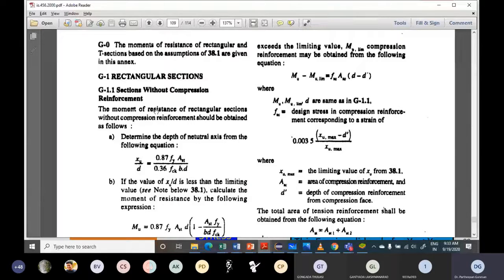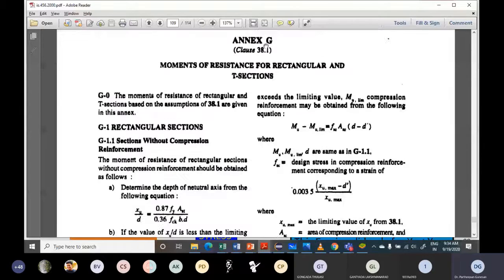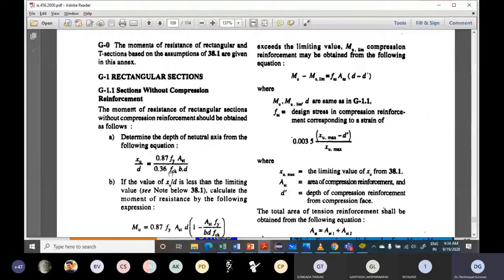We are dealing only with tensile reinforcement. To determine the depth of neutral axis from the following equation, XU by D is equal to 0.87 Fy AST divided by 0.36 FCK B into D. This equation is given in Annexure G, that is moment of resistance for a rectangular and a T section, and this is the neutral axis depth formula.